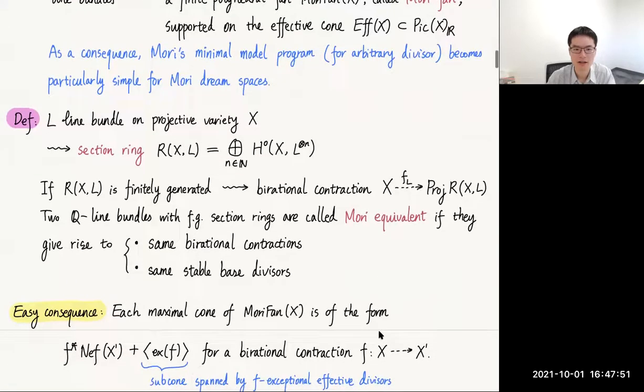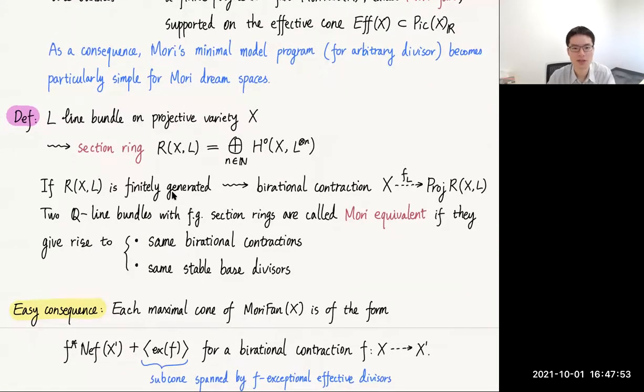Now, a very easy consequence of the definition above is that each maximal cone of the Mori fan is of the following form: the pullback of the nef cone of X prime for some birational contraction X to X prime, plus the subcone spanned by exceptional effective divisors.